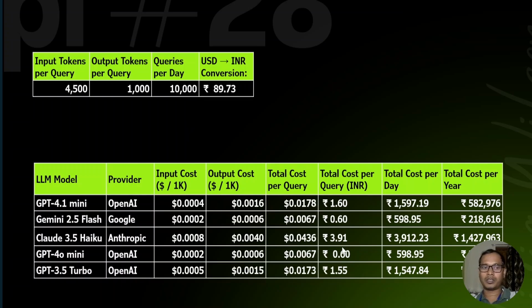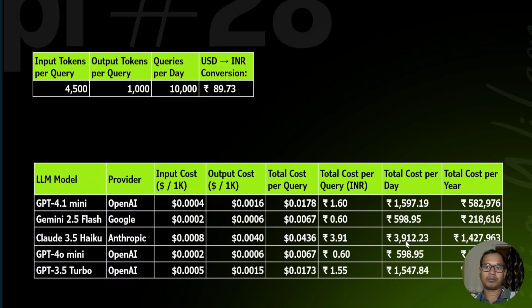Your GPT 4.1 mini will charge you 1 rupee 60 paisa, and if you're using Claude 3.5 Haiku, it will charge you 3.91 rupees, right? And if you're sending 10,000 queries per day, this will be your expense, right?